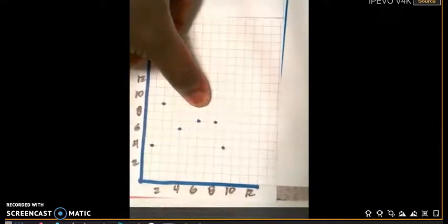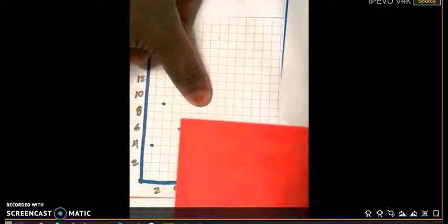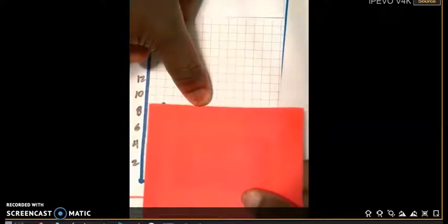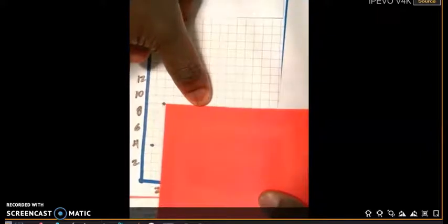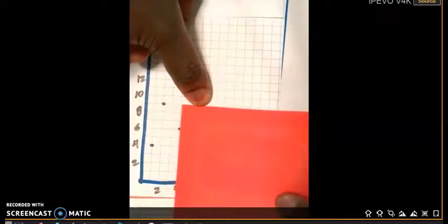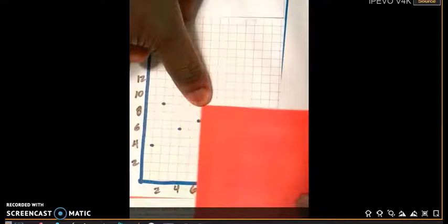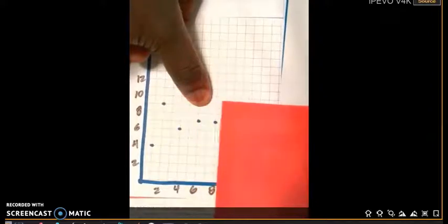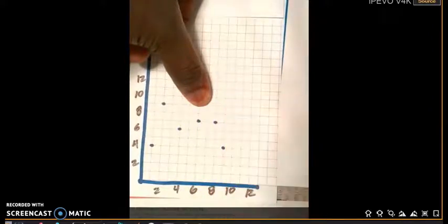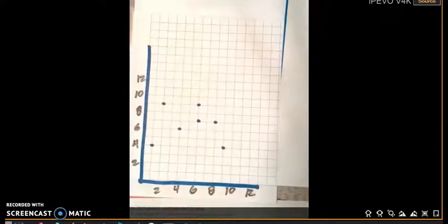As I put my thumb over that and run this across again, I'm only encountering 1 at a time. But because that dot was there, that shares an X value, so therefore it could not be a function.